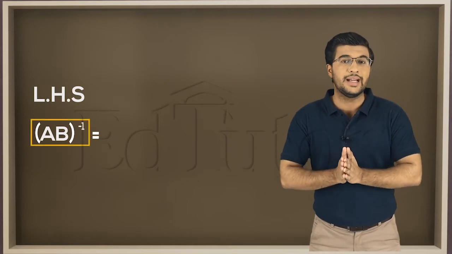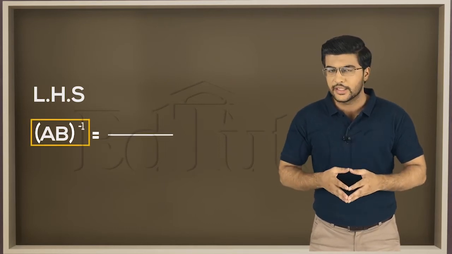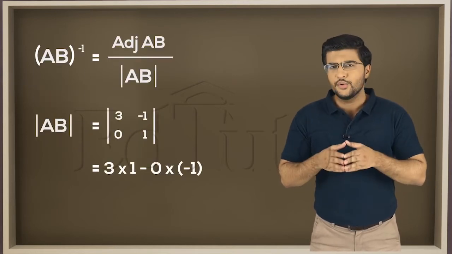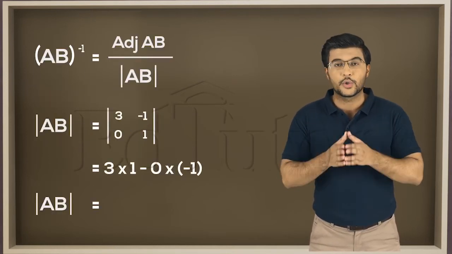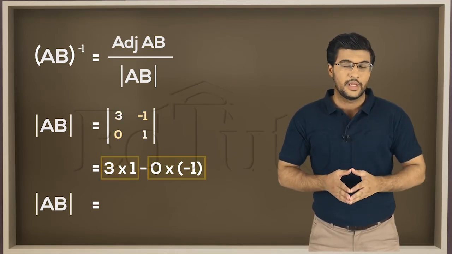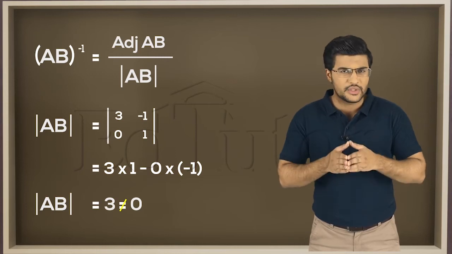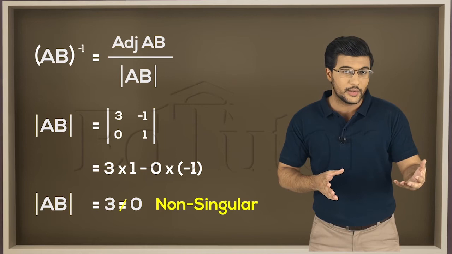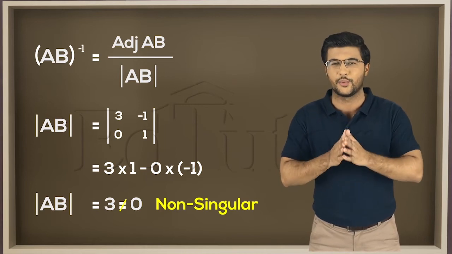Now we have to find its inverse. For that, we need the determinant and adjoint of AB. To find the determinant of AB, cross multiply these two minus these two, and we get 3, which tells us that the matrix AB is also non-singular and the inverse can be found.